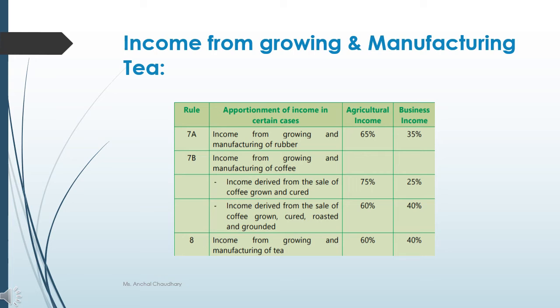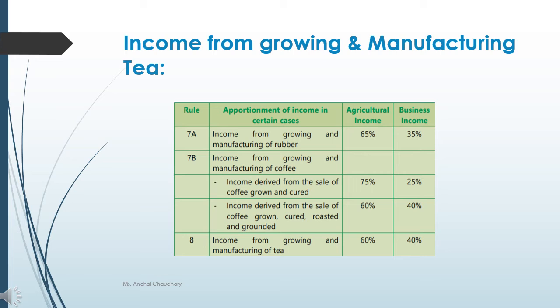Then income from growing and manufacturing of coffee. Whenever there is income from the manufacturing and growing of coffee, in the case of income derived from the sale of coffee grown and cured, 75% of income will be considered as your agricultural income, and 25% will be considered as your business income.